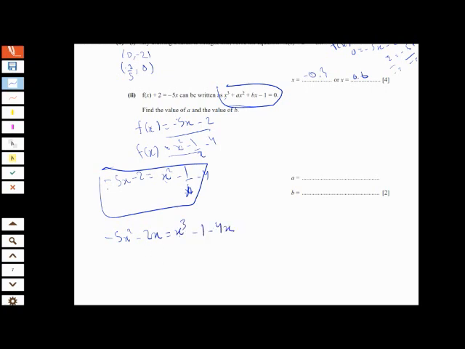So x cubed is positive, so it stays on this side. And then all others go to the other side. So x cubed minus 4x plus 2x is minus 2x. And so minus 5x squared goes to the other side. Oops, sorry, my bad. It's going to be positive 5x squared. And here minus 2x minus 1 equals 0. And so b is negative 2 and a is 5.